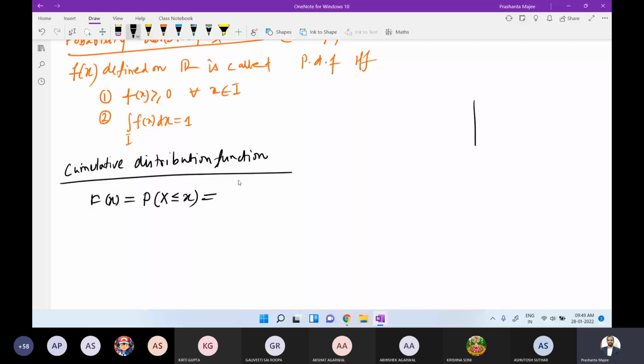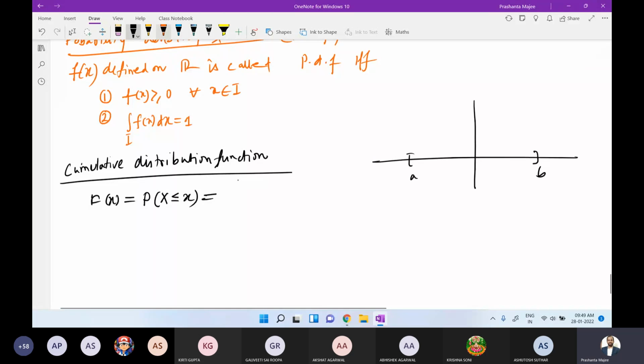You have a continuous function. You have a certain interval a to b where the function is defined, and in the remaining part it will be 0. You have to define the density function on the whole real line.